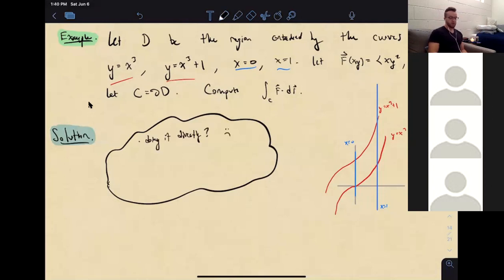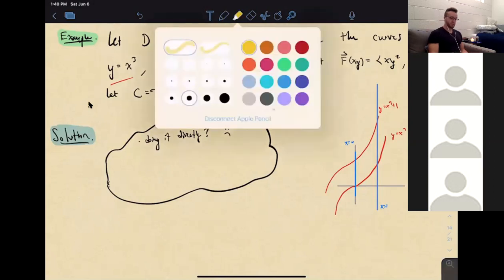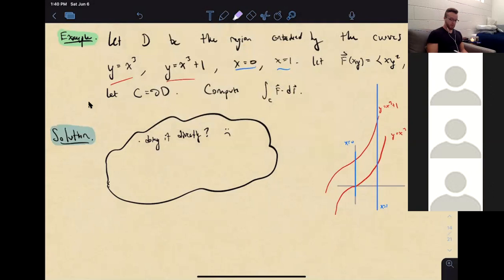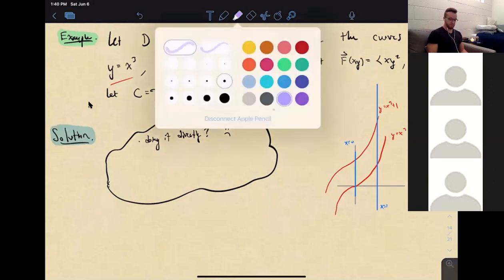There would be 4 different things to parameterize, right? You'd have to break this up into 4 different curves. You could do it, but who wants to do that? Not me. And also, this makes me nervous. The log of y makes me nervous. Oh, also in my picture, I didn't finish the picture. I should identify what D is. Sorry about that.